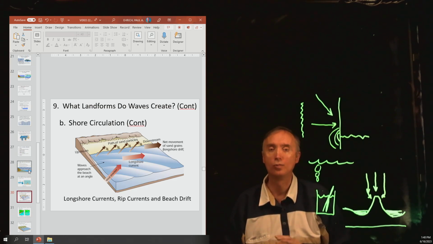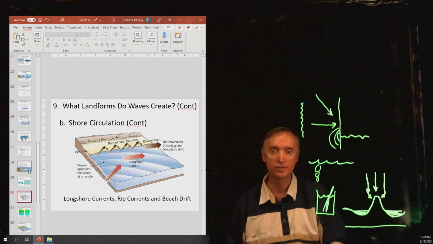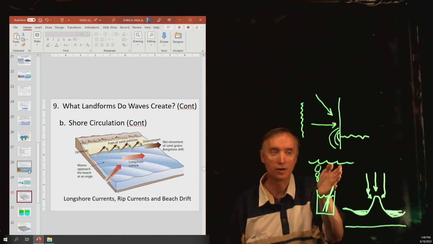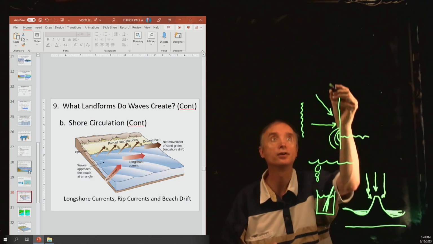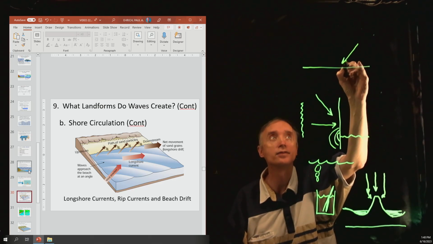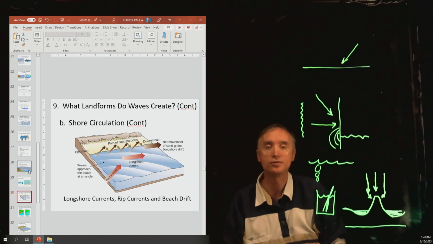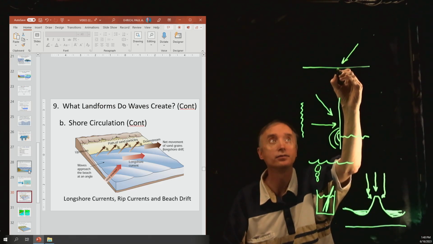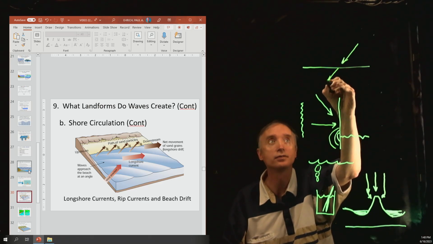Okay, now what this can do though is, as these waves are approaching a shoreline, so here is your shoreline, here are the waves coming in this direction, it's going to push sand in this direction.